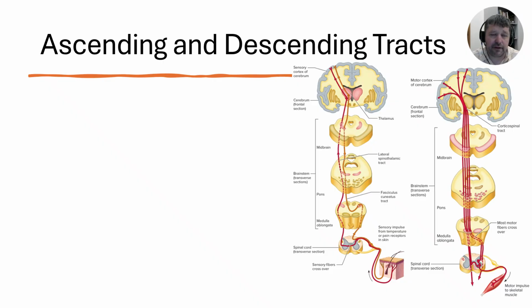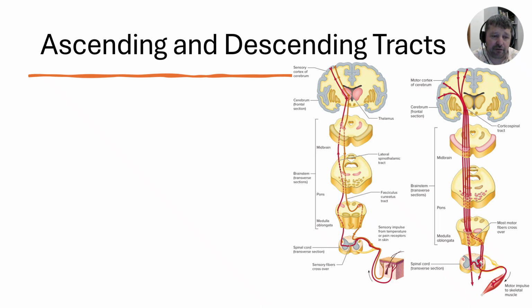Okay. Now, how does this work in regards to the brain? Not all of the spinal cord actions are reflex arcs. A small portion are reflex arcs. The majority of the signals are being sent to the brain.